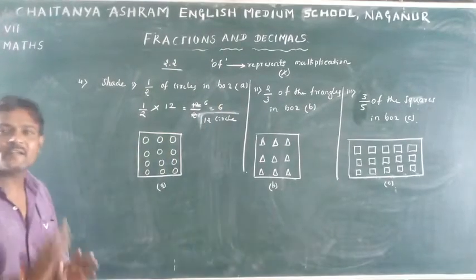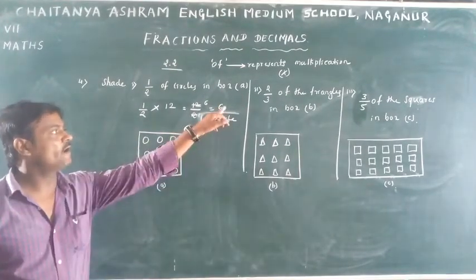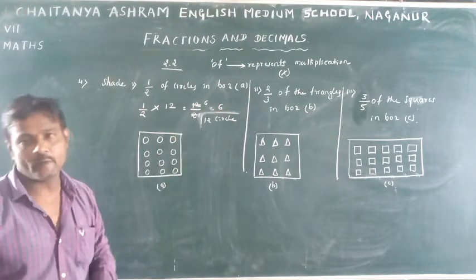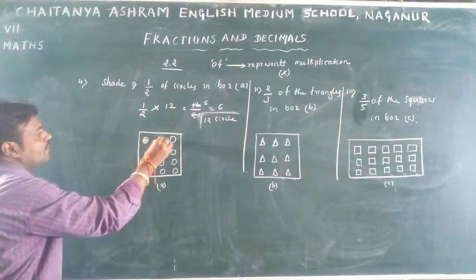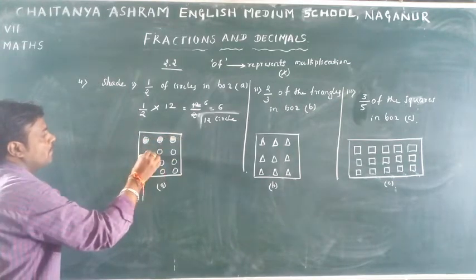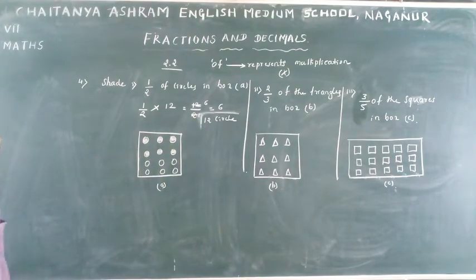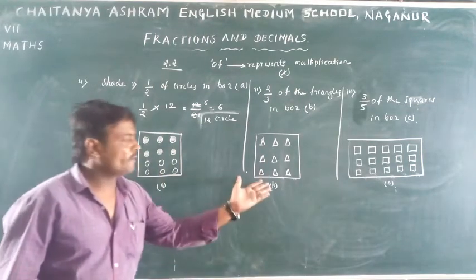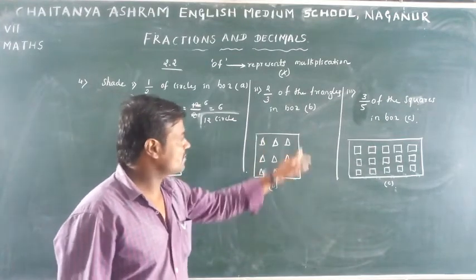So the number of circles we have to shade in the box is 6. Let's shade those 6 circles: 1, 2, 3, 4, 5, 6. Clear?